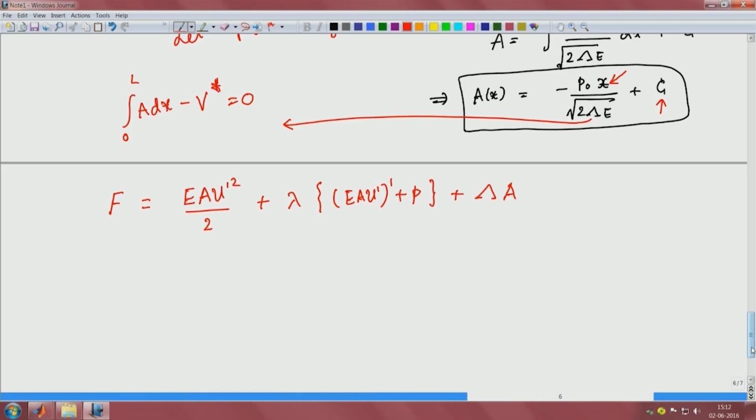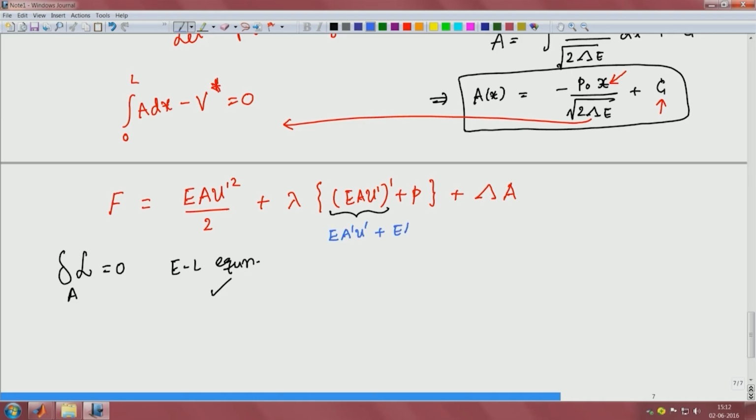Now, in order to write the boundary conditions, when you take variation with respect to of the Lagrangian with respect to A, that is equal to 0, we had the Euler-Lagrange equation, which we call design equation, that is done. The boundary condition, in this case, this contains, again we have to expand this, let me do that. This will be E A prime u prime plus E A u double prime. So, we have A and A prime, both terms are there.